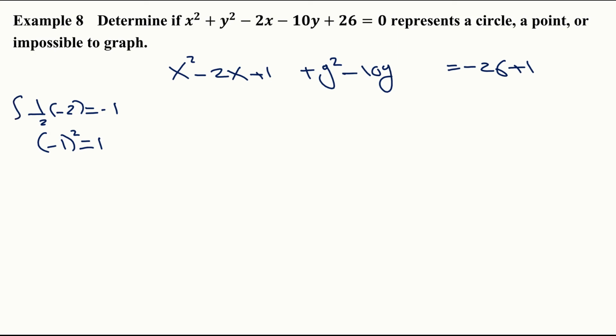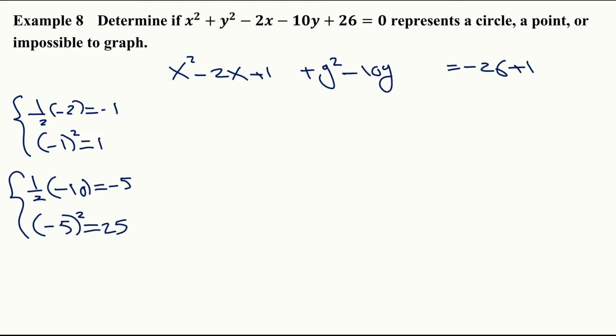On y squared minus 10y, we need to take 1/2 of negative 10, which is negative 5, and then we're going to square that to get 25. So we need to add 25 to those two terms, to that binomial, to make it a perfect square trinomial, and on this side we're going to immediately add the 25 as well.